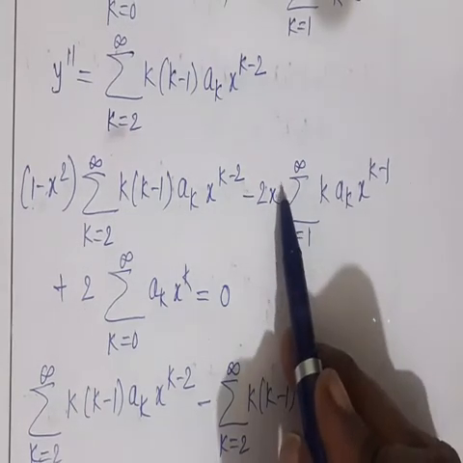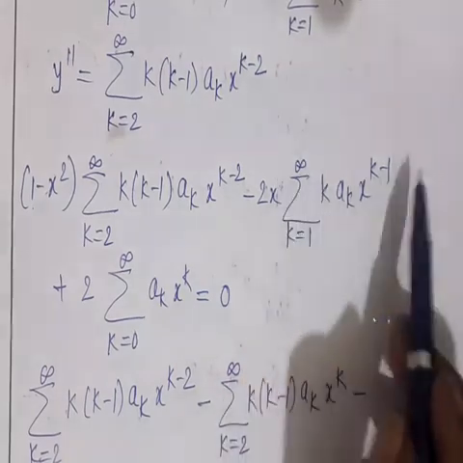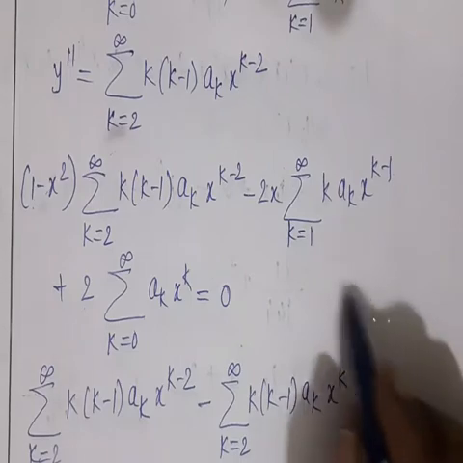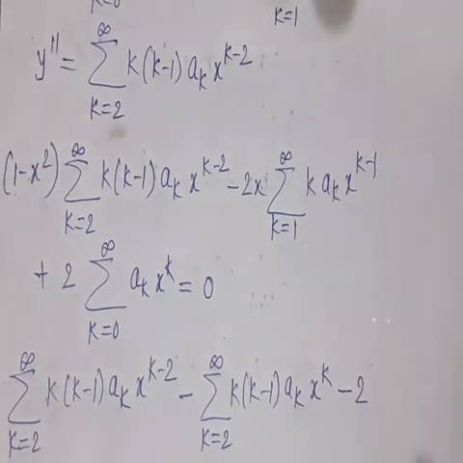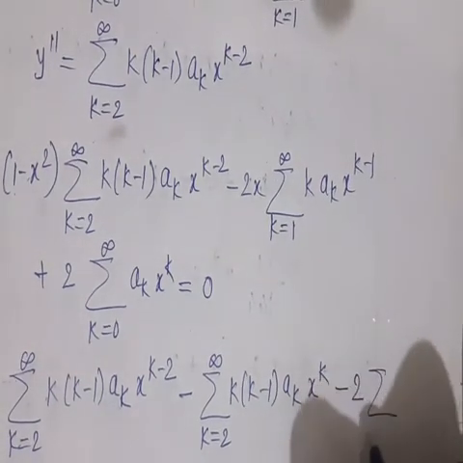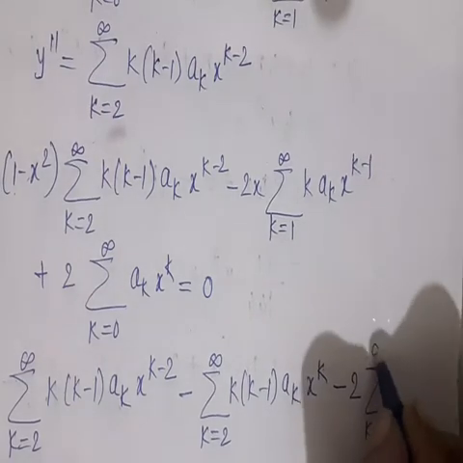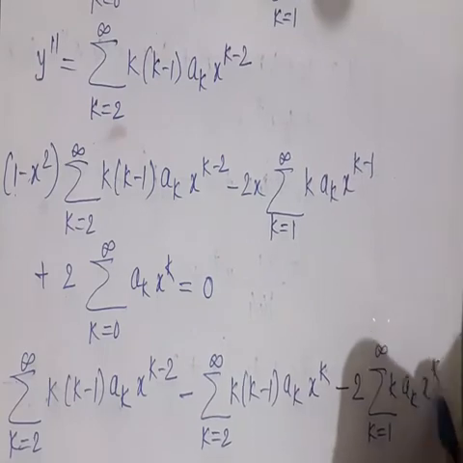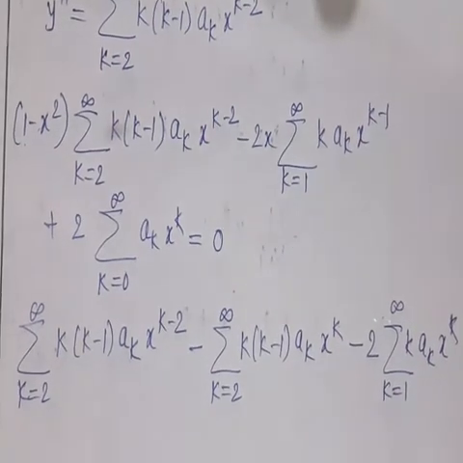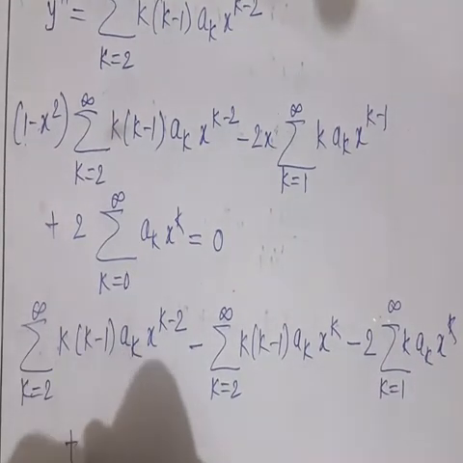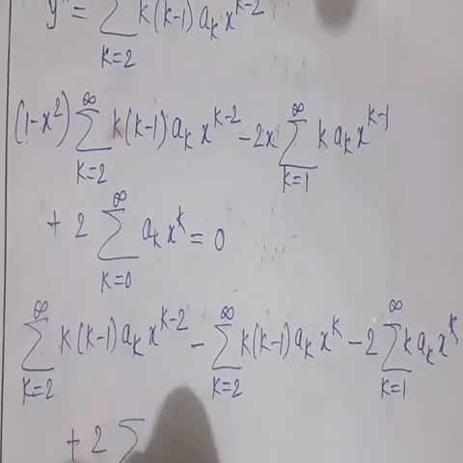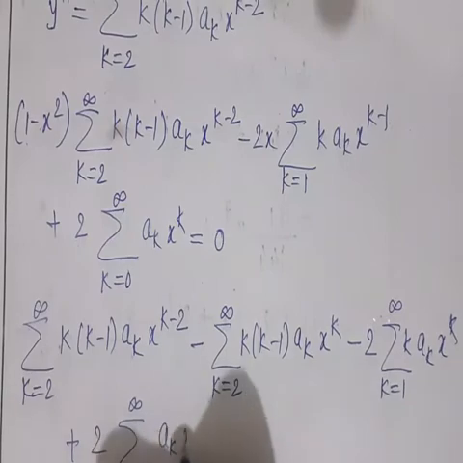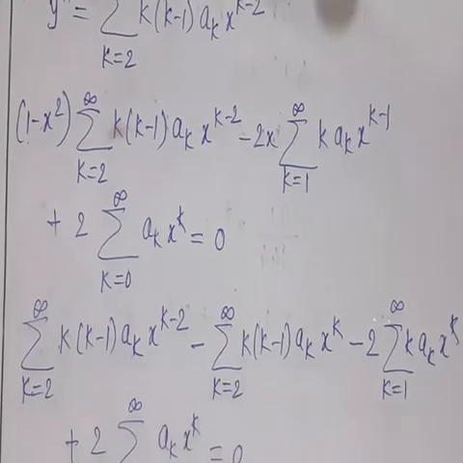Here x to the power 1 combines with x^(k-1), so k - 1 + 1 becomes x^k. So the 2 remains as it is, and it is summation k = 1 to infinity k a_k x^k. And the last term is plus 2 times summation k = 0 to infinity a_k x^k. This is equal to 0.